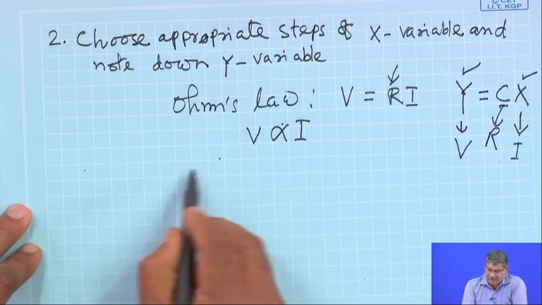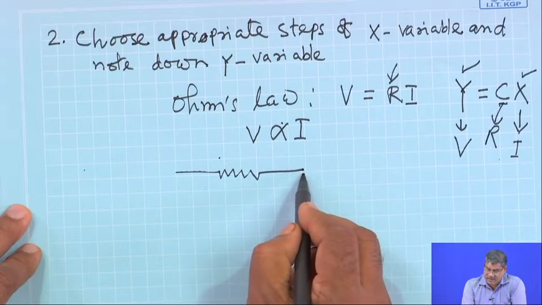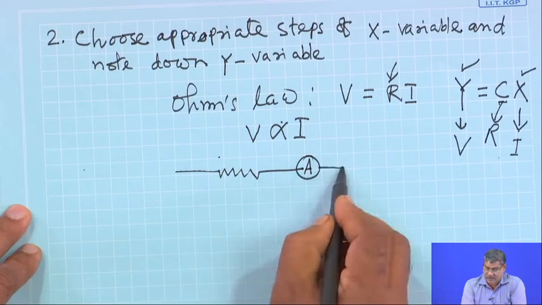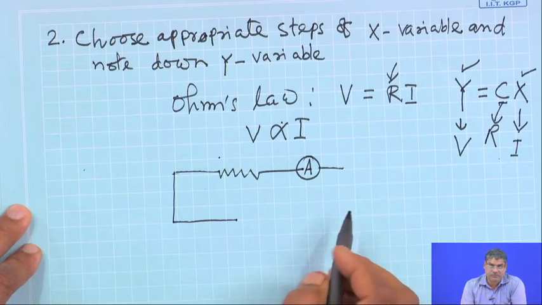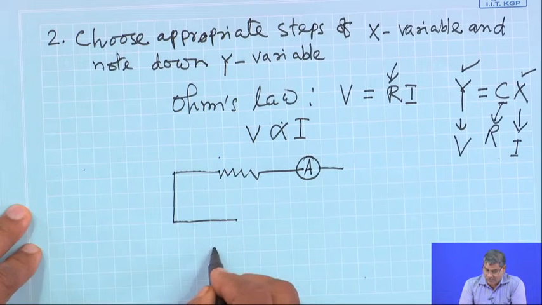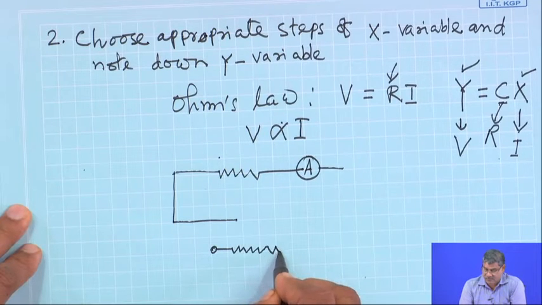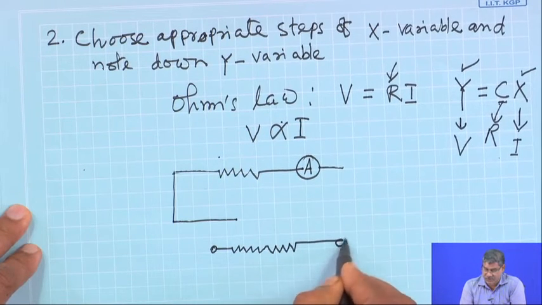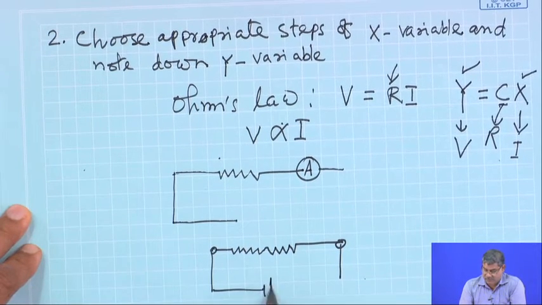So, for this measurement you have a circuit with a resistance, and you have put an ammeter right here. You have a voltage divider basically, and you have to vary the voltage.